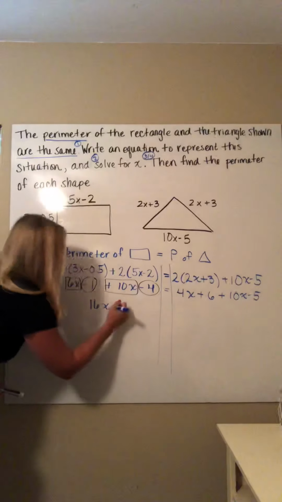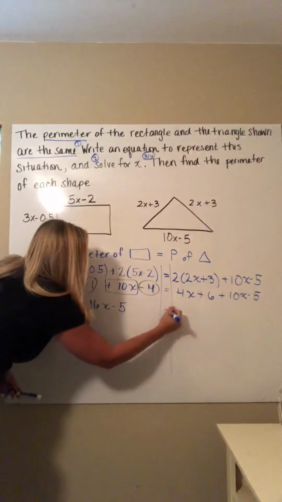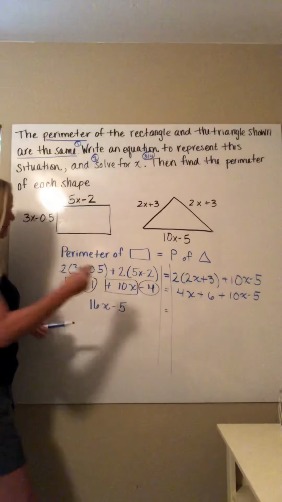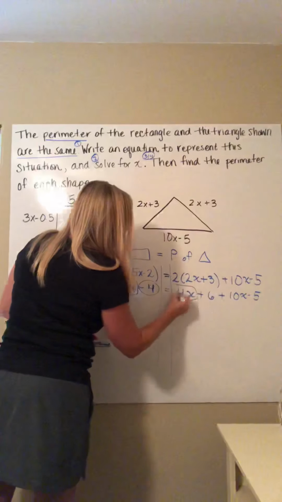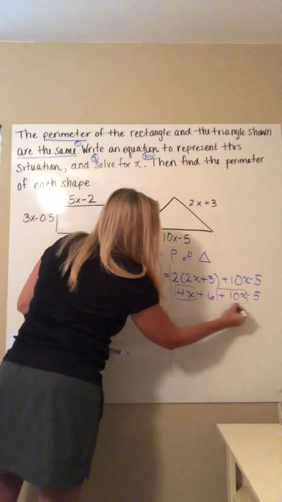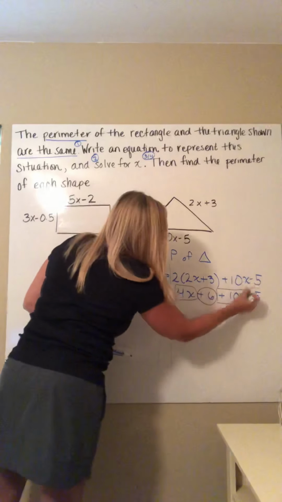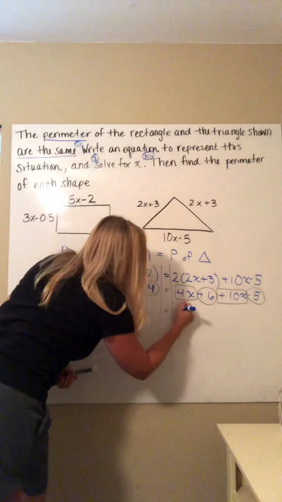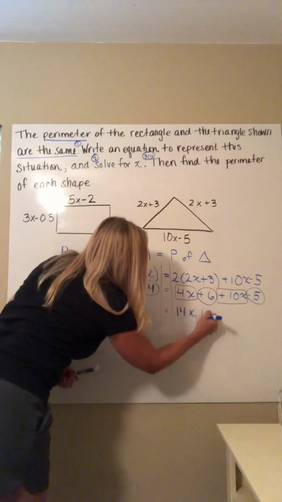Negative 1 and negative 4 make negative 5. On the right side, I have 4x plus 10x. And then I have a positive 6 and a negative 5. So that would be 14x plus 1.